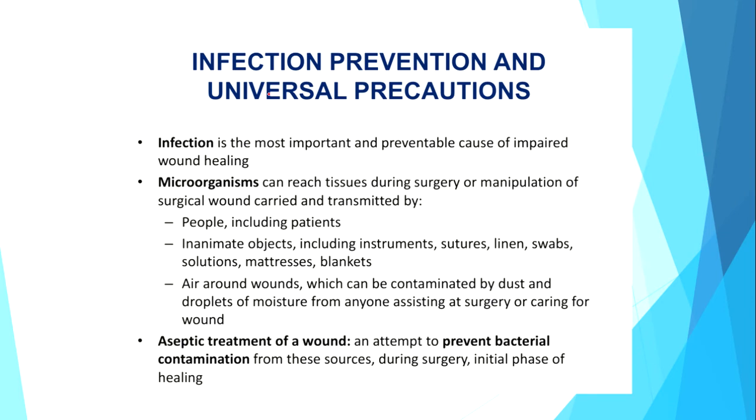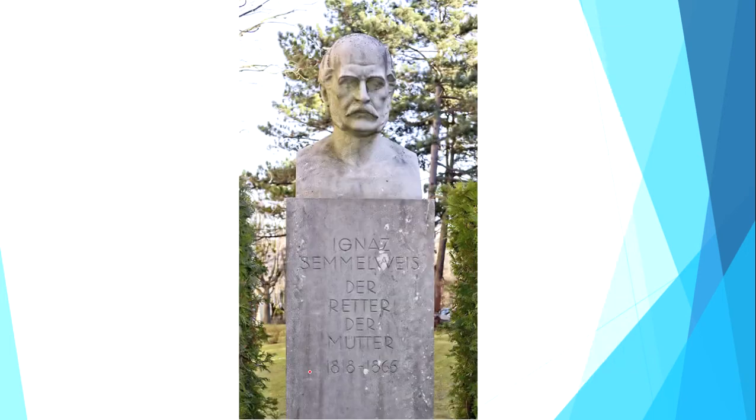Microorganisms can reach tissues during surgery or manipulation of the surgical wound, carried and transmitted by people, including patients, and inanimate objects, including instruments, sutures, linen, swabs, solutions, mattresses, blankets, and air around wounds, which can be contaminated by dust and droplets of moisture from anyone assisting at surgery or caring for the wound. Aseptic treatment of the wound is an attempt to prevent bacterial contamination from these sources during surgery and the initial phase of healing.